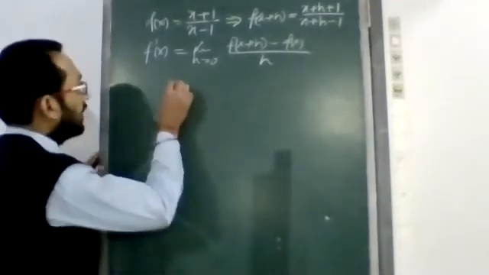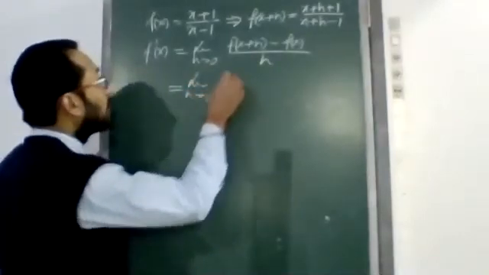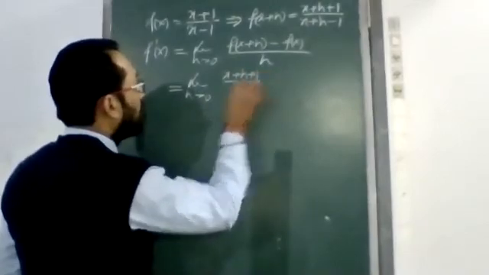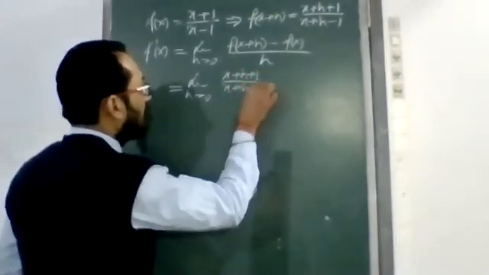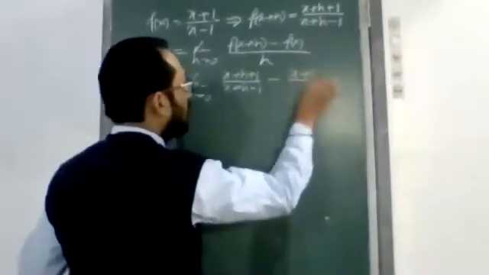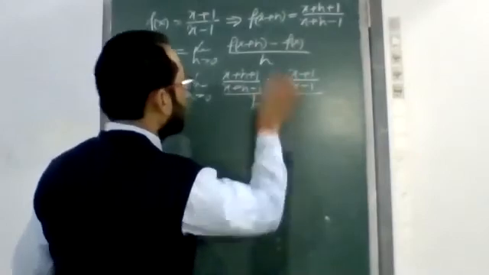So it will be the limit of h tends to 0 of (x plus h plus 1) upon (x plus h minus 1) minus (x plus 1) upon (x minus 1), whole upon h.